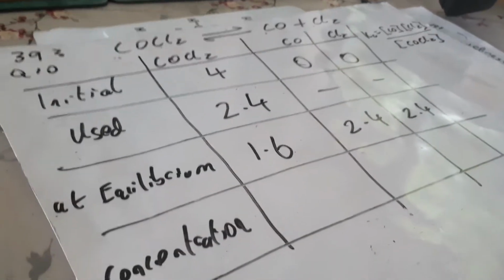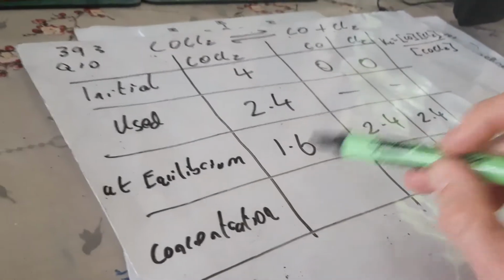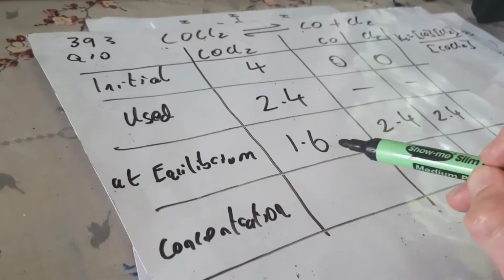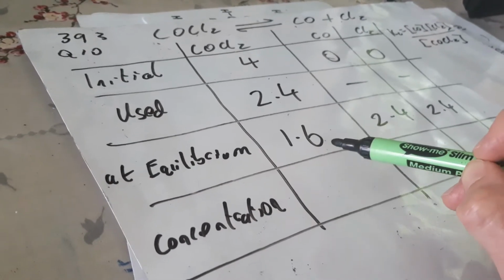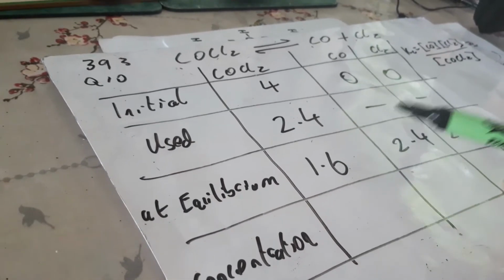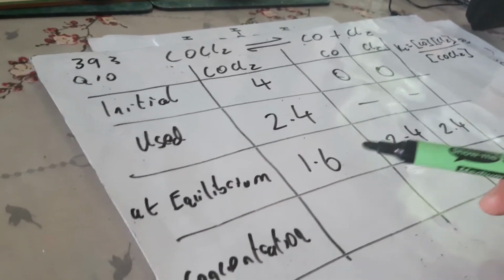So I've filled in my boxes quite easily, but the key point is where that 1.6 goes with this question. You've got to be careful that you put that in the right place. It also tells you that it was carried out in a volume of 4 litres.